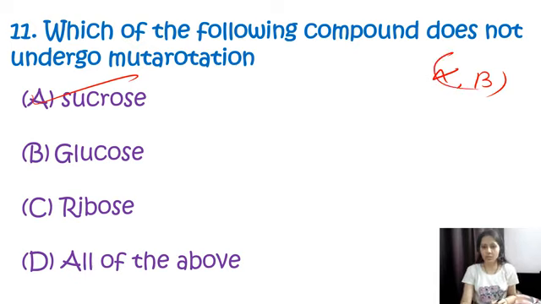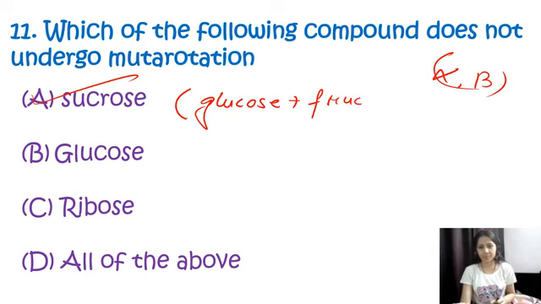Now sucrose, unlike glucose and ribose, is a disaccharide. Disaccharide means it is made up of glucose as well as fructose, which is linked by a glycosidic bond.